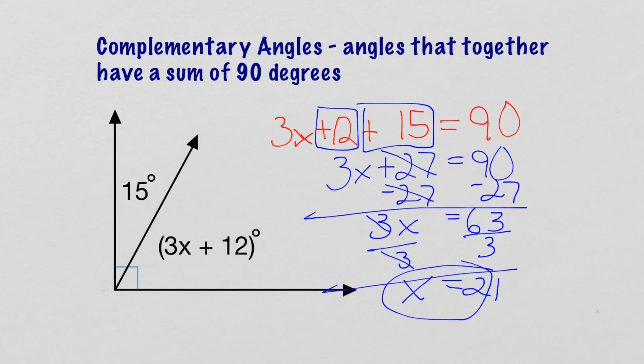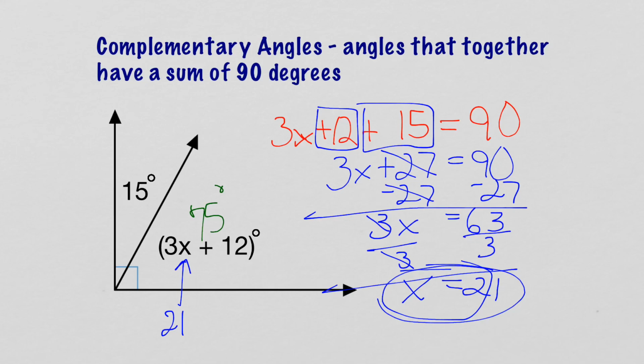So again, messed up my circle there. There you go, 21. So again, that means that this x here is 21. It does not mean that this whole angle is 21. Since you know they equal 90, you should know that this angle has to be 75 degrees, because 75 and 15 make 90.